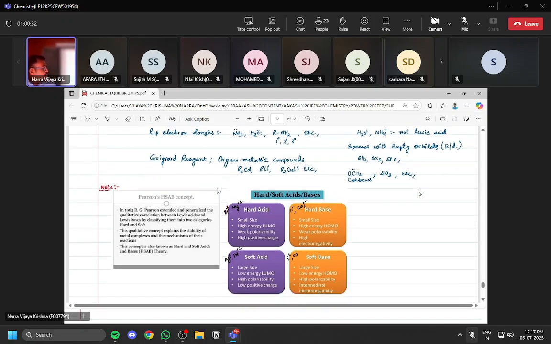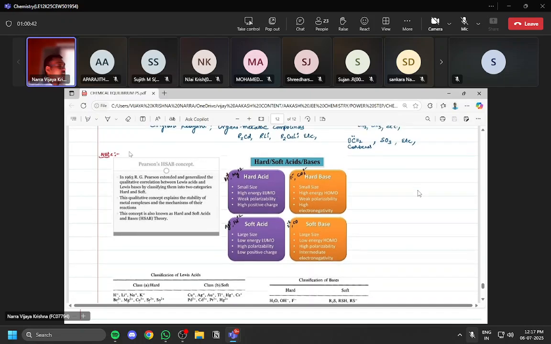There we discussed Pearson's hard and soft acid-base concept. HSAB means hard and soft acid-base concept. What are hard acids? Those which have small size, high energy LUMO. LUMO means lowest unoccupied molecular orbital, the empty molecular orbitals in MO theory.